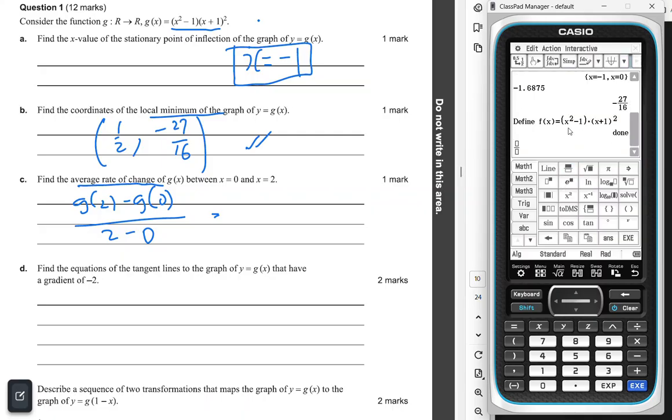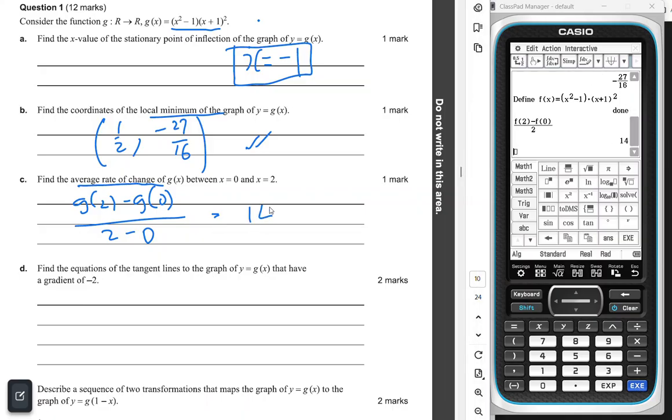So I want 14. So that's the average rate of change between those.